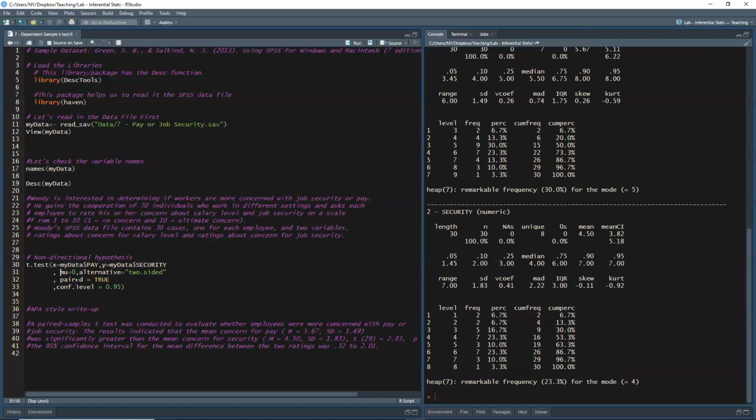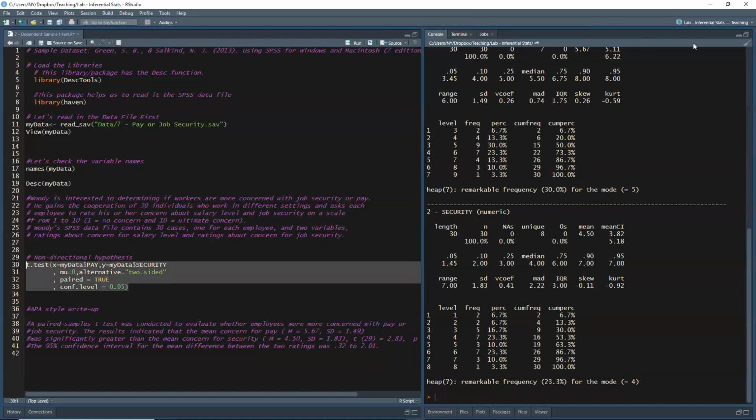Mu is, we are checking for the mean difference, and the mean difference is going to be 0. So I'm testing against 0, so that's my null hypothesis. And for my alternative hypothesis, I'm saying that the mean is going to be different than 0. And here, when I say paired, what I'm saying is these two scores come from the same individual, and I want to compare those two, and the confidence level is 0.95. Okay, let's run this one.